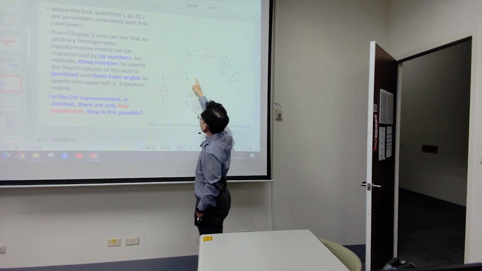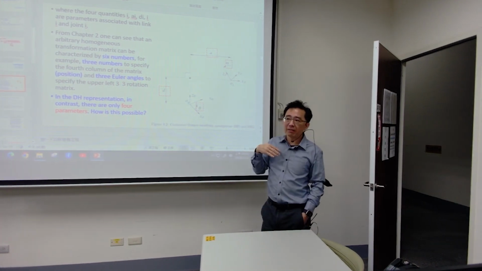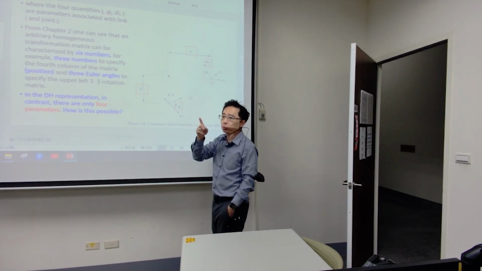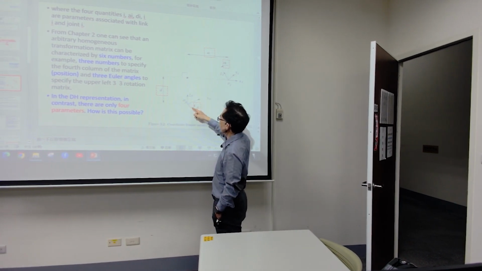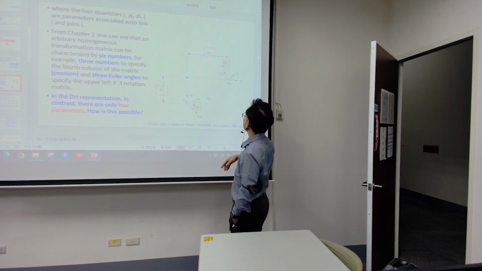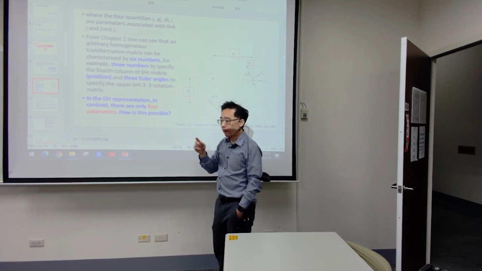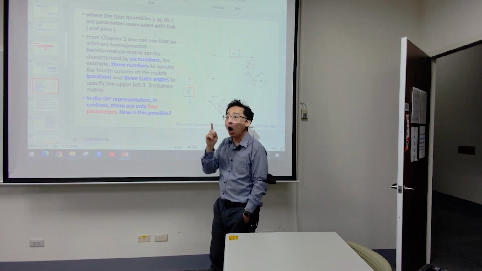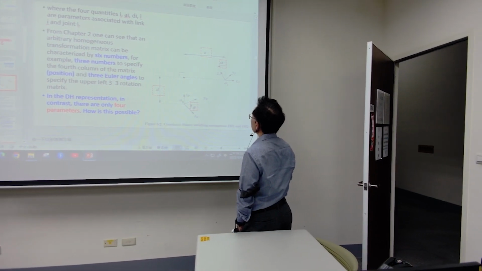Then these two coordinate origins will connect somewhere. If they did not connect, it must connect somewhere with the previous z-axis. Then the shift, or the arm, actually this is not the arm.